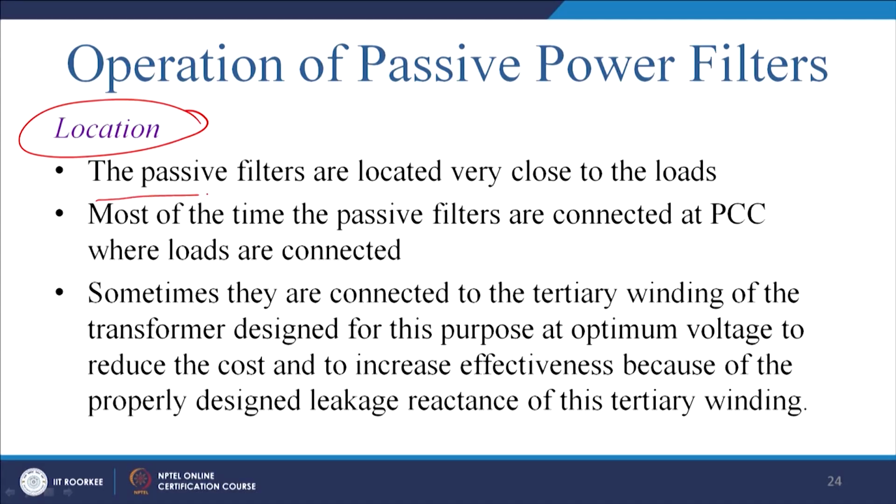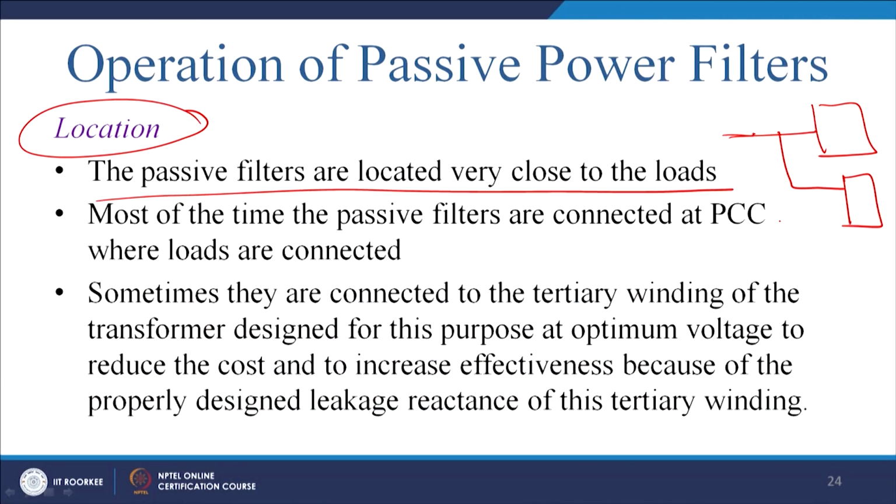The passive filters are located very close to the load. That is something we require to say: we have to trap them very close to where they originate. You should not allow them to propagate, then no interference will come.